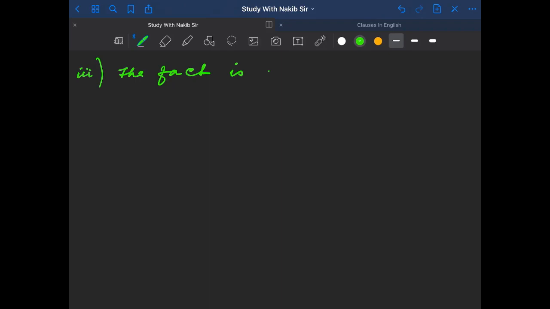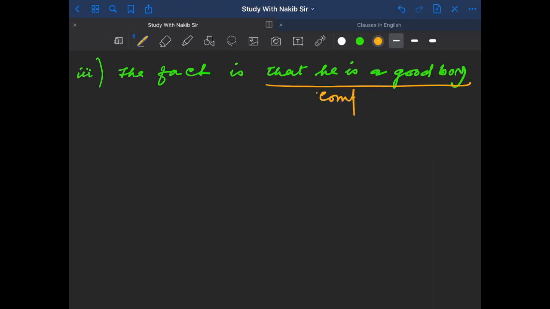So this one, that he is a good boy. The fact is that he is a good boy. So it is a complement. Understand? Without this part it is incomplete. For this it is called a complement, complement to the verb is.